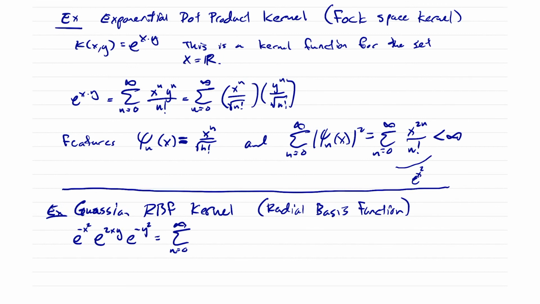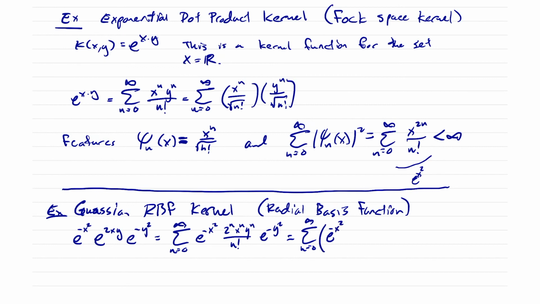say, e to the minus x squared times, say, 2 to the n, x to the n, y to the n over n factorial times e to the minus y squared, and we can continue writing this as e to the minus x squared.